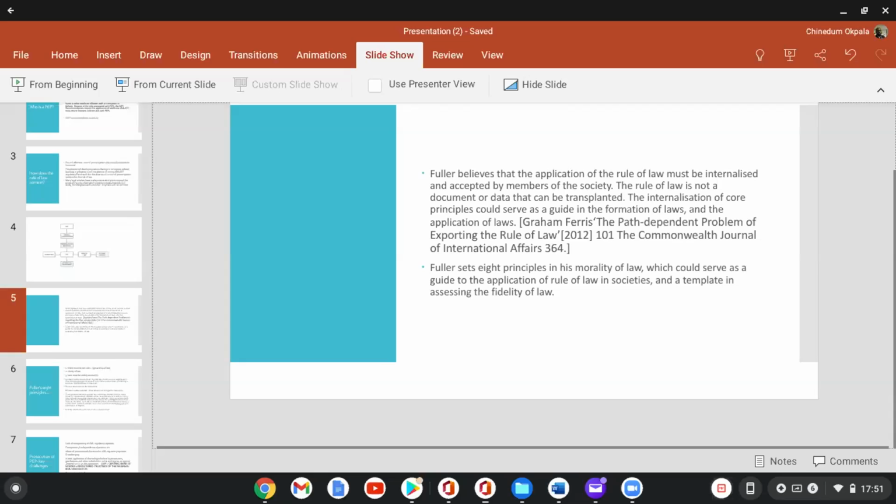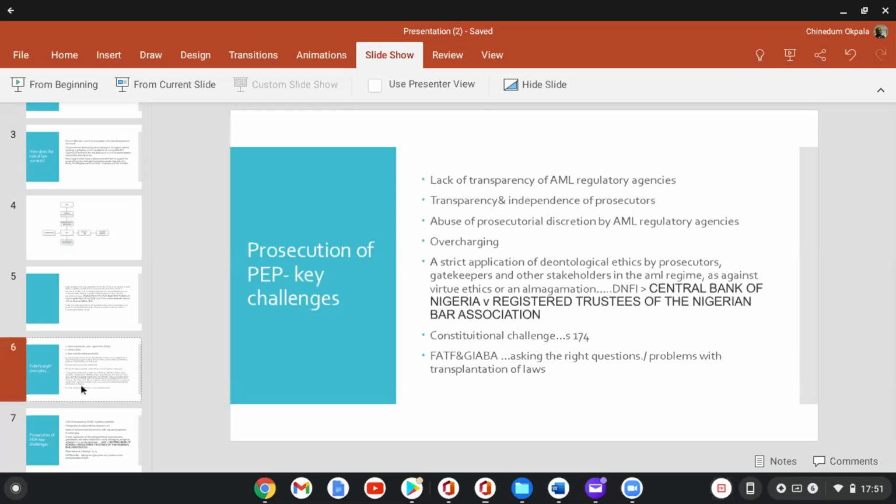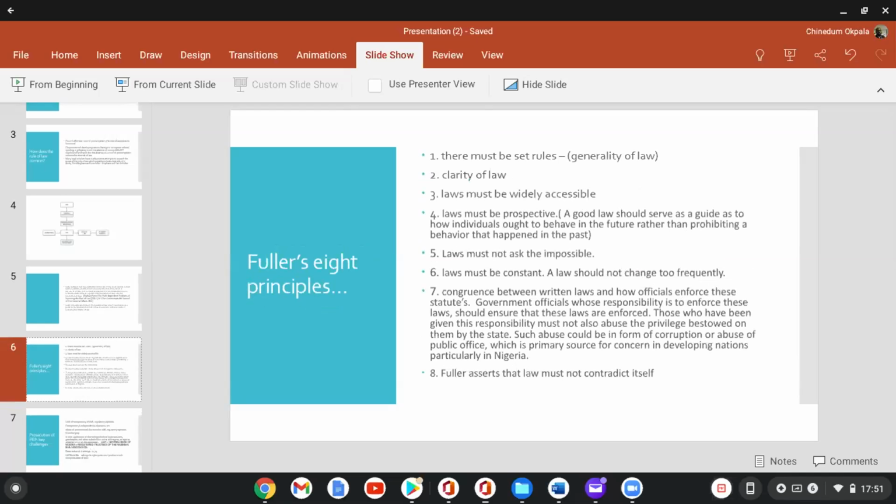So Fuller believes that the rule of law must be internalized and accepted by members of the society. In other words, you must have set rules. The rules must also be generally applicable.